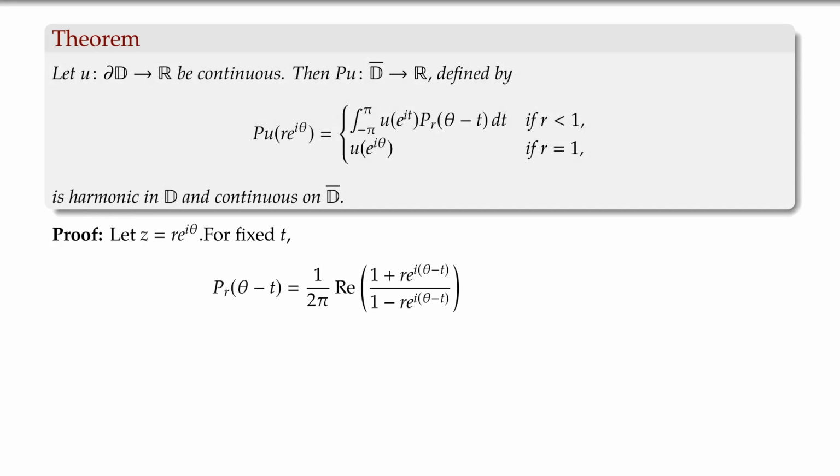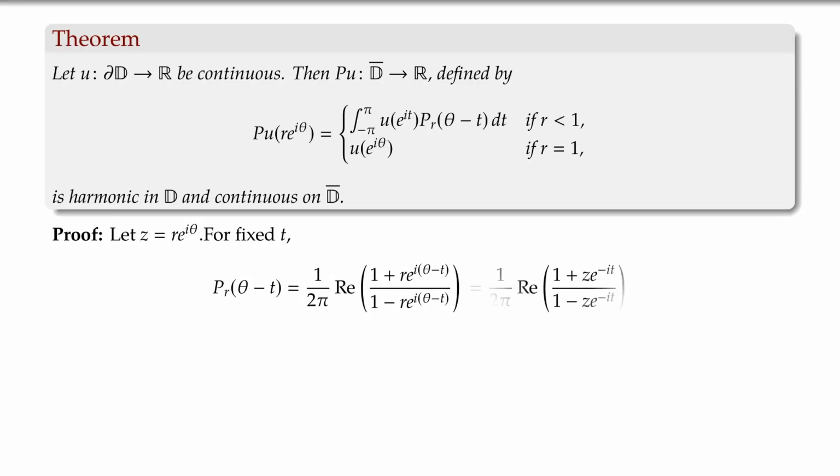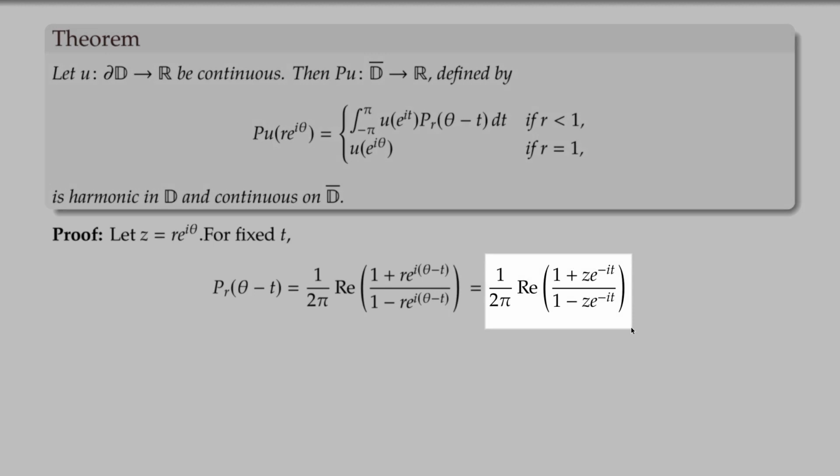But now there's a theta minus t in there, so there's this minus t. It's not really 1 plus z over 1 minus z. What does that do? Well, I can just factor out an e to the it, however you want to think of it. But we have this formula for it. It's almost the same thing. We're just rotating the z, basically. That's what we're doing.